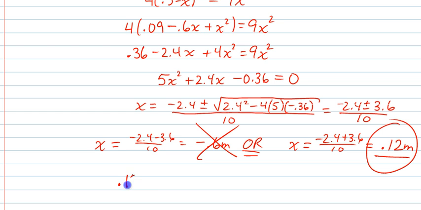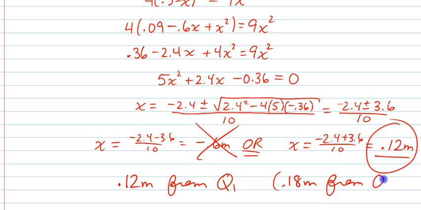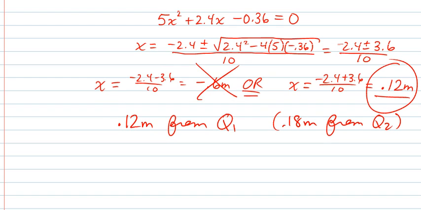So it's going to be 0.12 meters from Q1, which is 0.18 meters from Q2. And the interesting thing is we can check this. For Q1 it's basically 4 over 12 squared, and for Q2 it's 9 over 18 squared, and I'm pretty sure that when you do that, you're going to get the same thing.